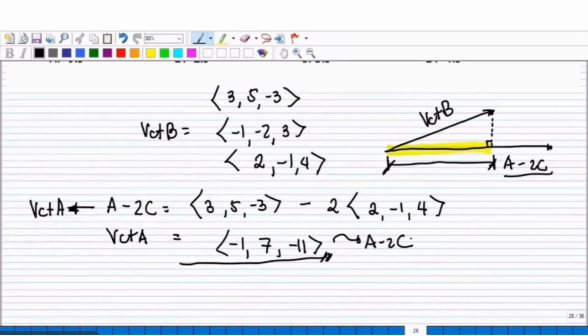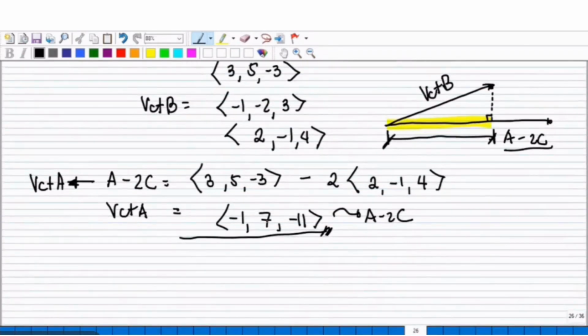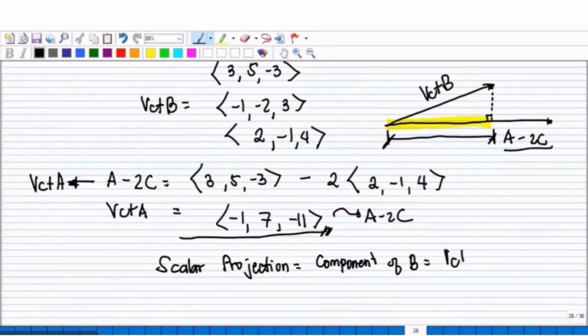Okay? So, take note po, scalar projection yung gusto natin. So, scalar projection or your component ng B. Okay. Component ng B. So, this is vector B. Ipupunta natin sa direction lang ng A minus 2C. So, therefore, unit vector lang dapat yung nandito.